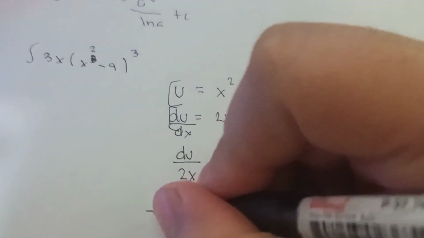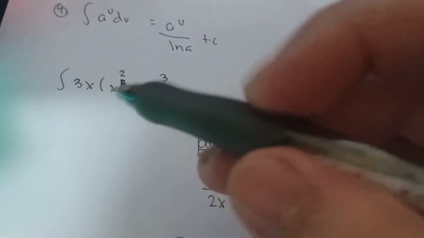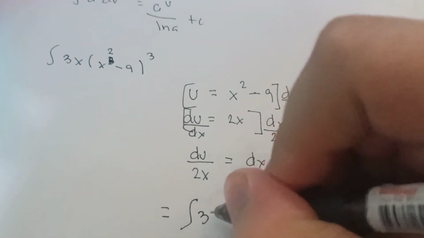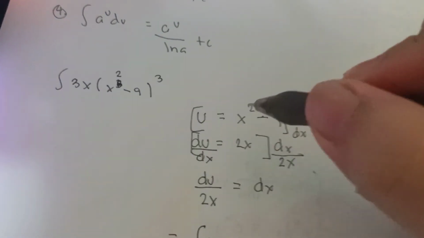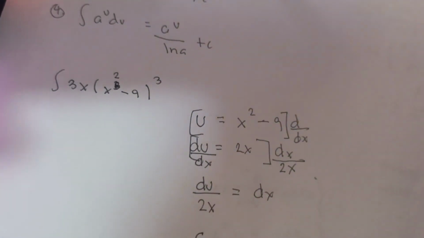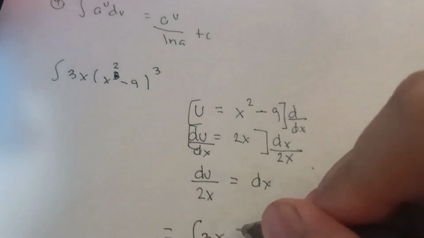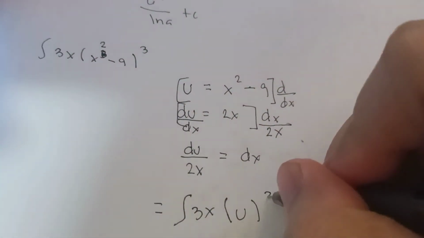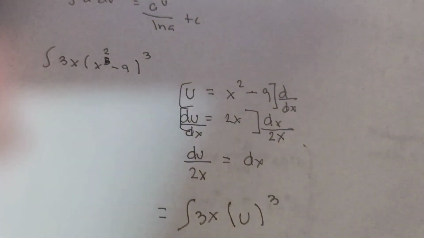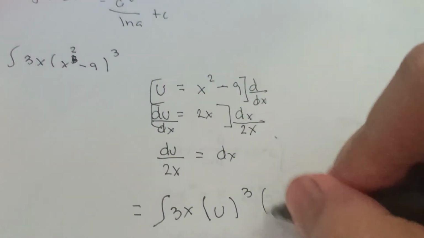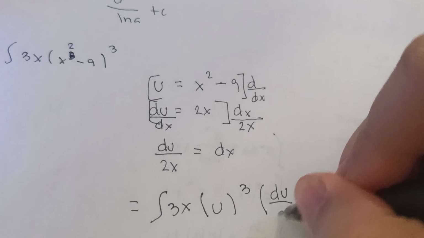So now the next thing we need to do is bring here the 3x, or the integral of 3x, and since we substitute it as u, we're gonna put u instead, u over 3, u in the third power, and du over dx.